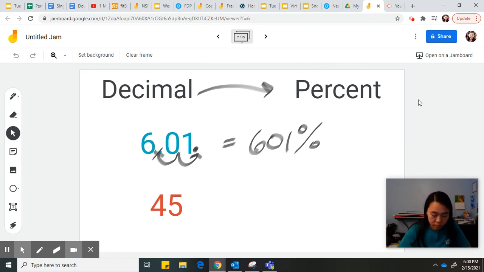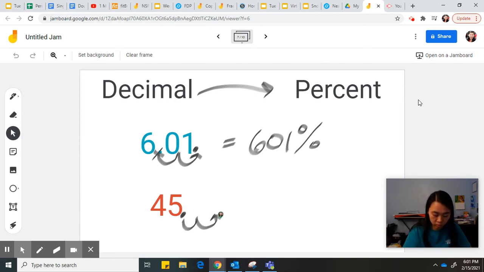Okay, here's a whole 45. I don't see a decimal place. Where's my decimal go? I said this in the beginning, right? If we have a whole number, that decimal place is there. It is after our whole number. Okay, and then we have endless zeros after that. So I'm starting at my decimal place, and I've got to go to the right 2 jumps. 1, invisible 0, 2, invisible 0.